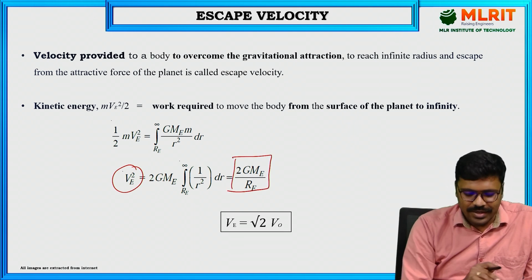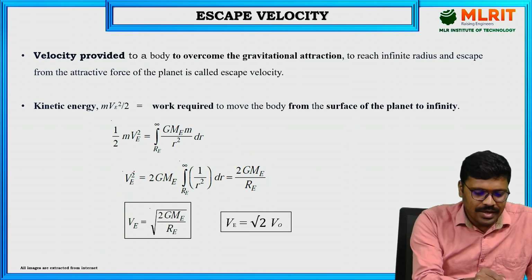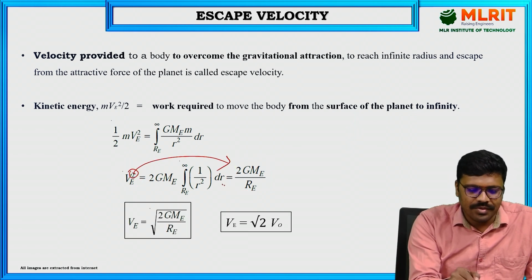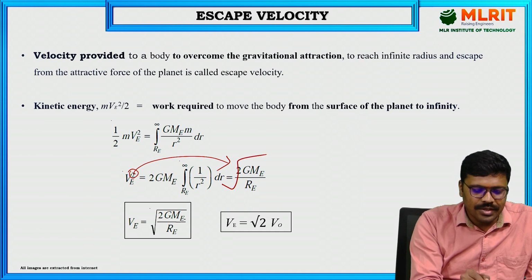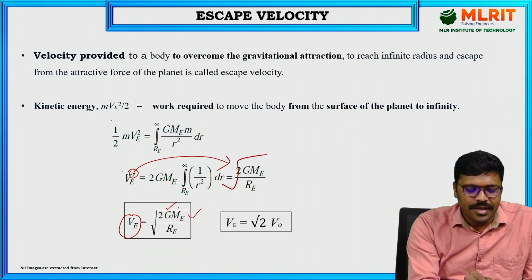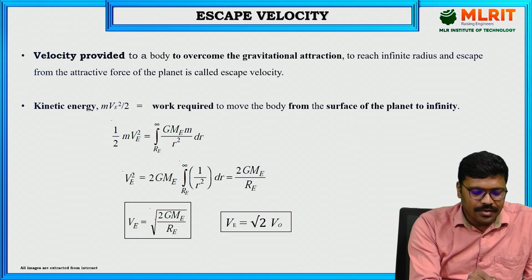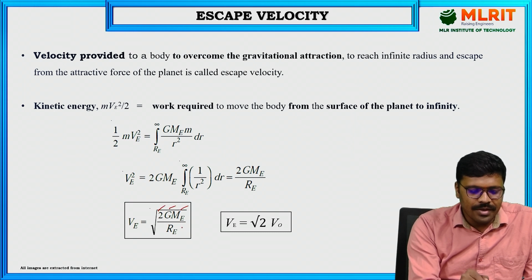If I take the square root on the right side, then the equation for Ve is under root 2 into capital G Me by Re. Ve is equal to under root 2 G Me by Re.